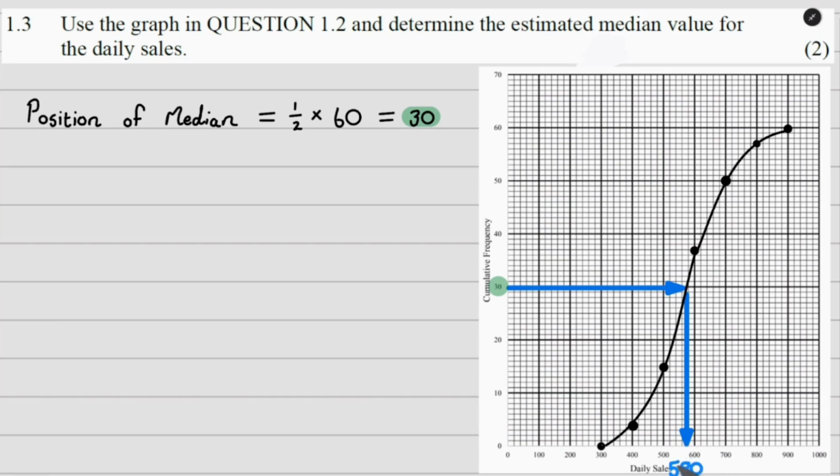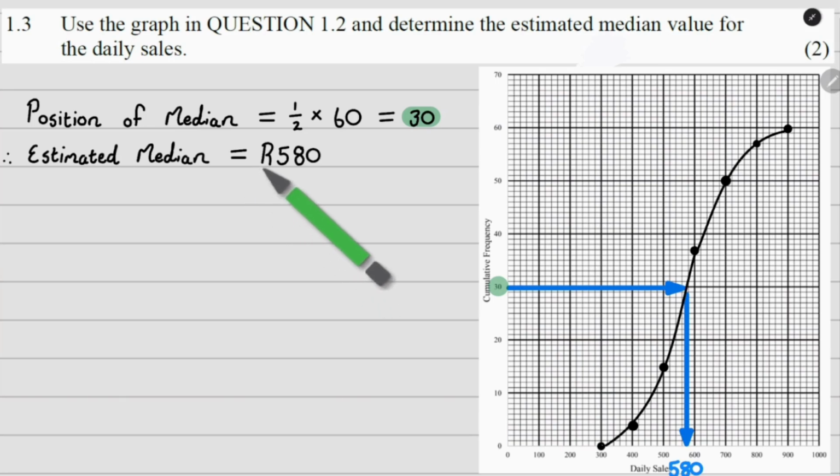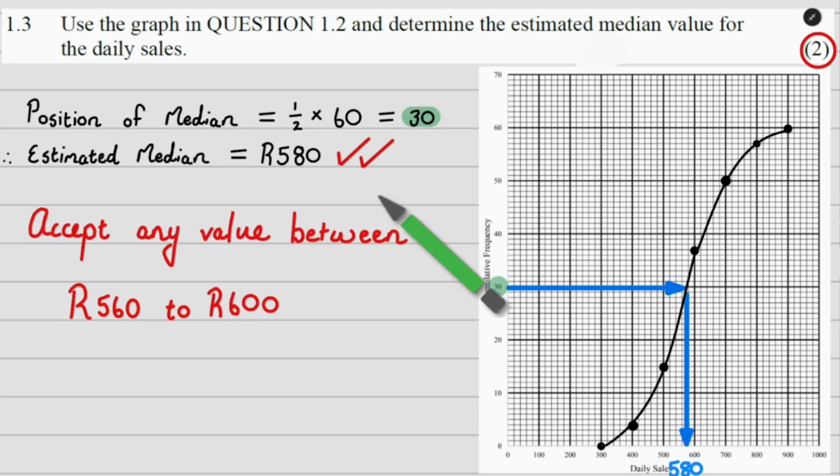So I kind of landed by 580 Rand. And this is our estimated median. So we simply just read it off the Ogive like so. And your 2 marks just come from the answer only, and you've got a bit of wiggle room here, so they accept any answer in between 560 to 600 Rand.